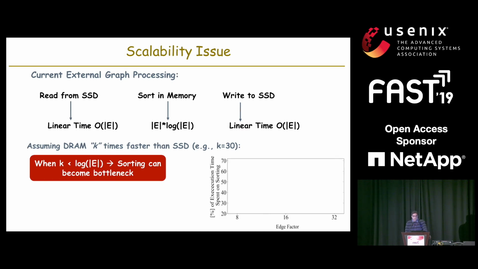To verify that, we ran an experiment on different graphs with the same number of vertices, but we increased the number of edges, what we call the edge factor here, the ratio of edges to vertices. We observe that when the number of edges increases, the number of updates increases, and then the sorting overhead, or the percentage of execution time spent sorting these updates, increases.